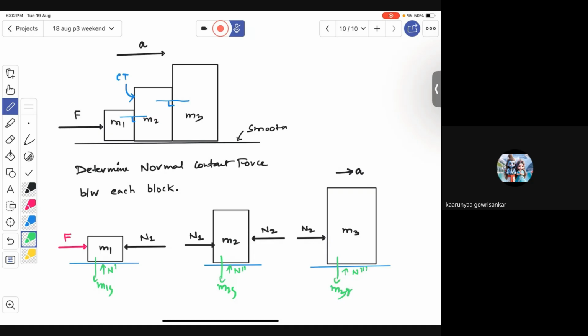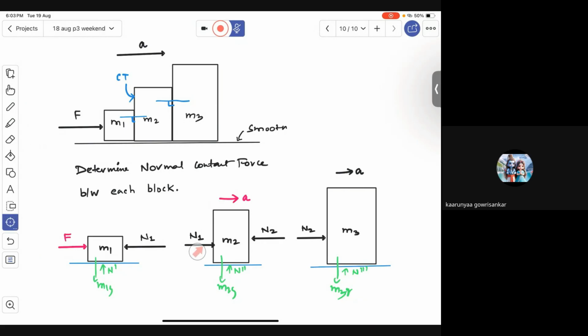If I ask you how M3 gets some acceleration in the rightward direction, there must be some force acting on it in the rightward direction. If you guess, it will be the force applied by M2, suppose I call it N2. So its reaction on M2 will be leftward. But even though M2 is being pushed leftward, it still manages to go with some acceleration rightward, which means there must be some additional force in the rightward direction.